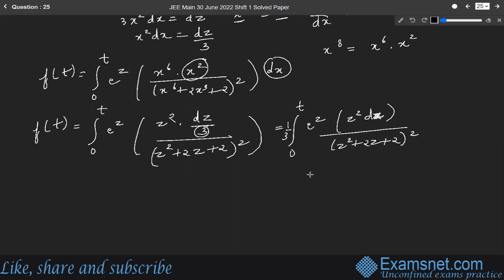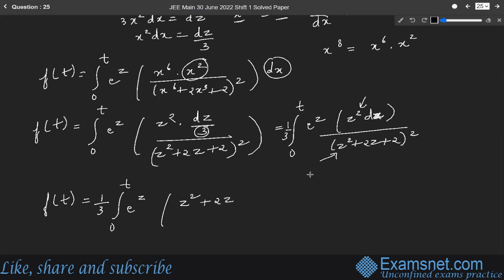All right. So here you can see that in the numerator we have the term which is z². In the denominator we have z² plus 2z plus 2. So let us do one thing. f of t should be equal to 1 by 3 integral of 0 to t e power z, right? Now in the numerator, let us first write the term that is given. What is given? z². Now let us add 2z.